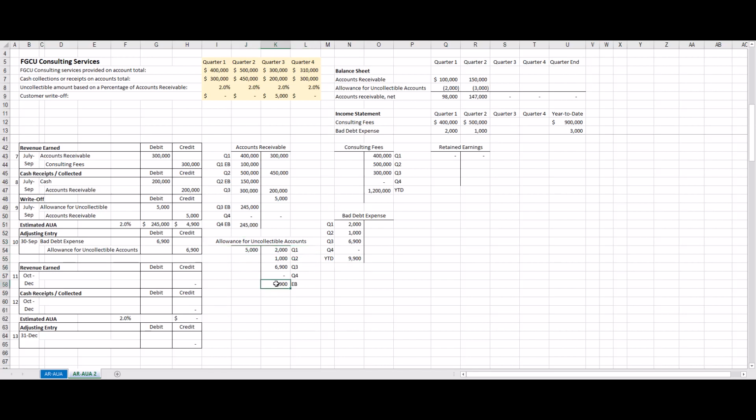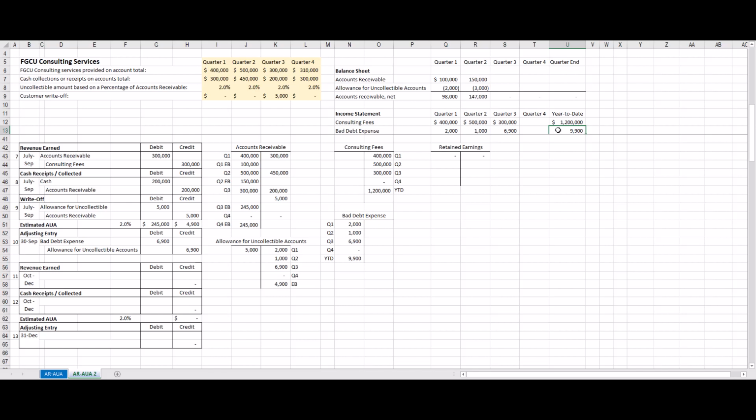The allowance for uncollectible account balance is now $4,900. The income statement now reports consulting fees for the quarter of $300,000 and $1,200,000 year to date. The bad debt expense for the quarter was $6,900, and for the year to date, it is $9,900.